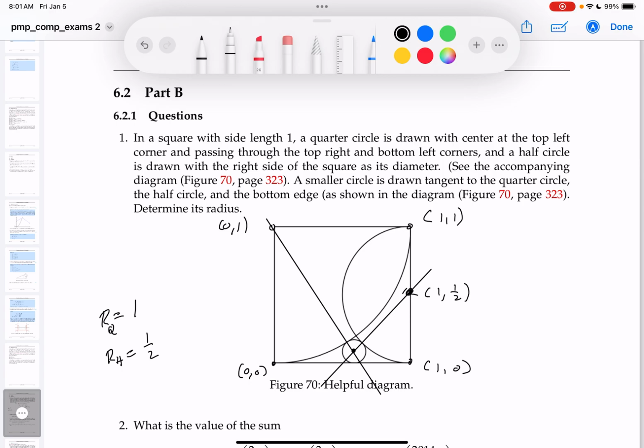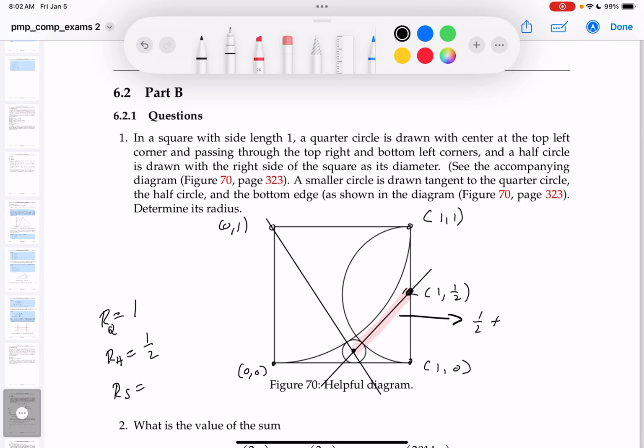Those lines. So what do I know about this over here? I'll outline one thing at a time. The length of that segment here is going to be the radius of that half circle, which is a half, plus the radius of the small circle, which I don't know yet.